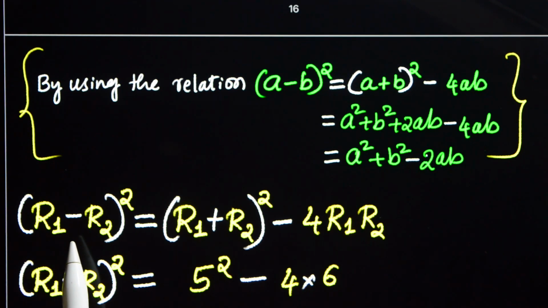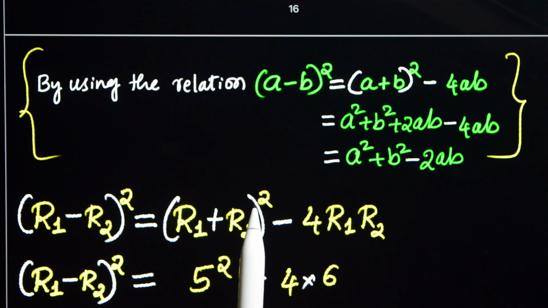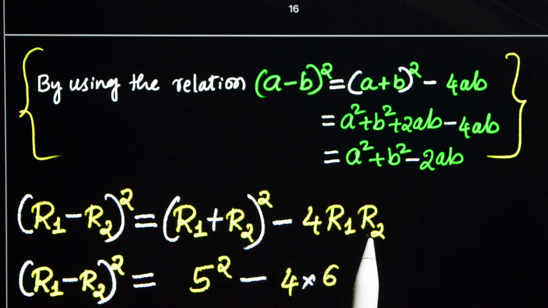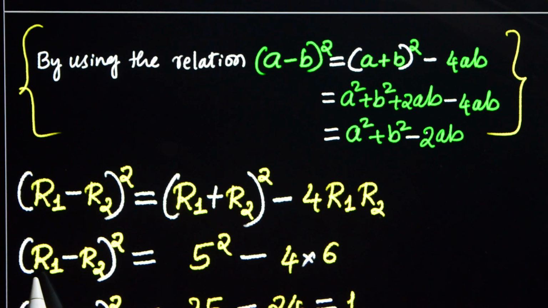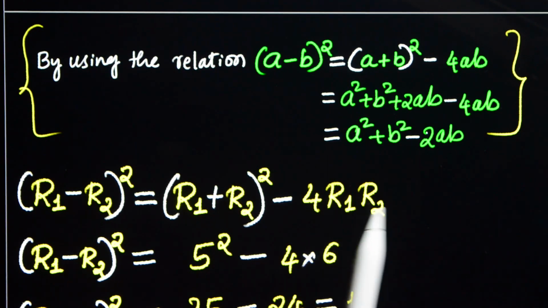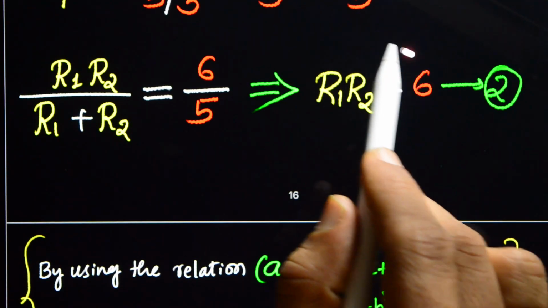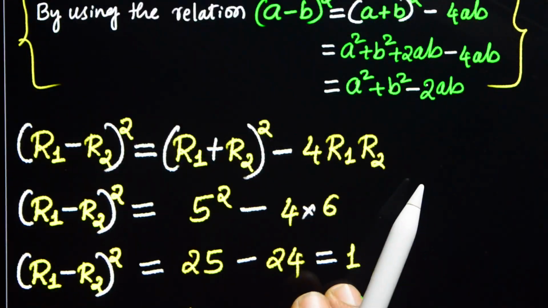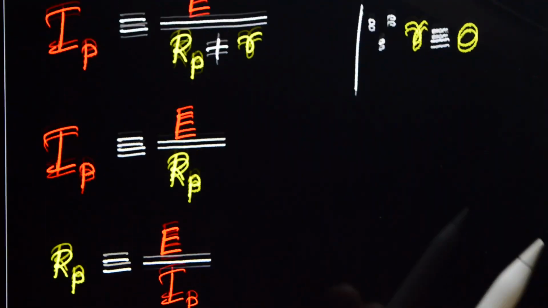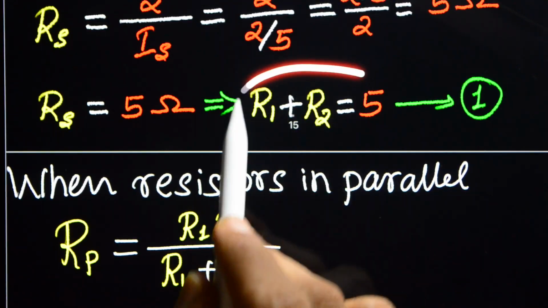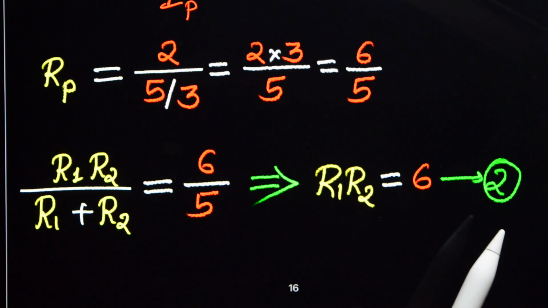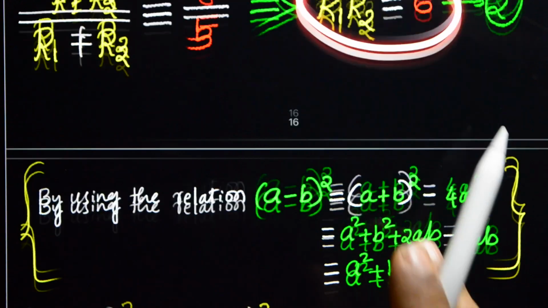(R1 minus R2) whole square is equal to (R1 plus R2) whole square minus 4 R1 into R2. What is R1 plus R2? We know from the first equation that R1 plus R2 is 5, and R1 into R2 is 6.